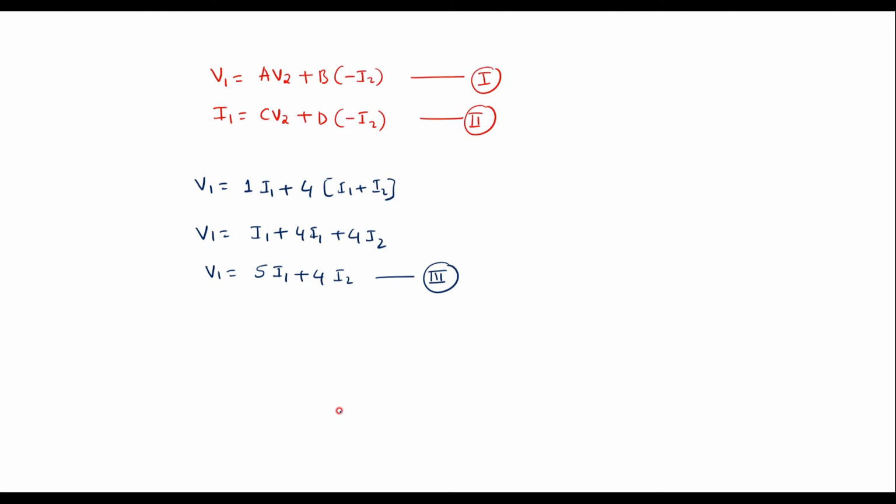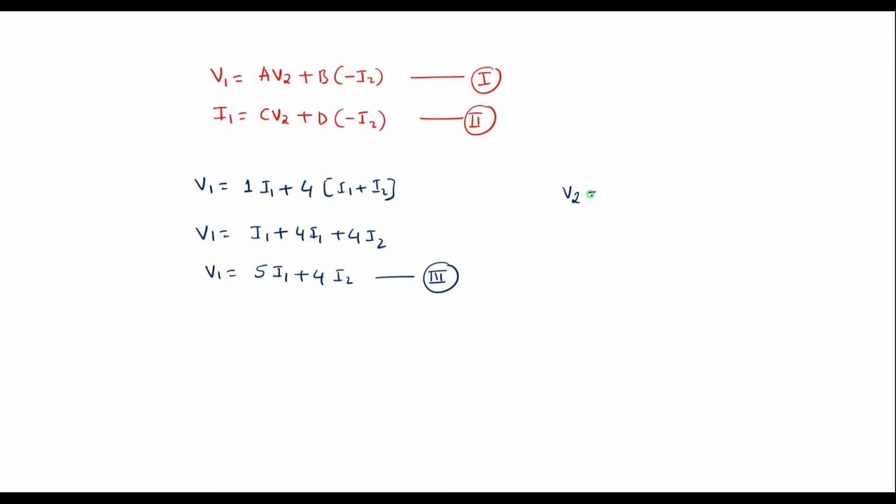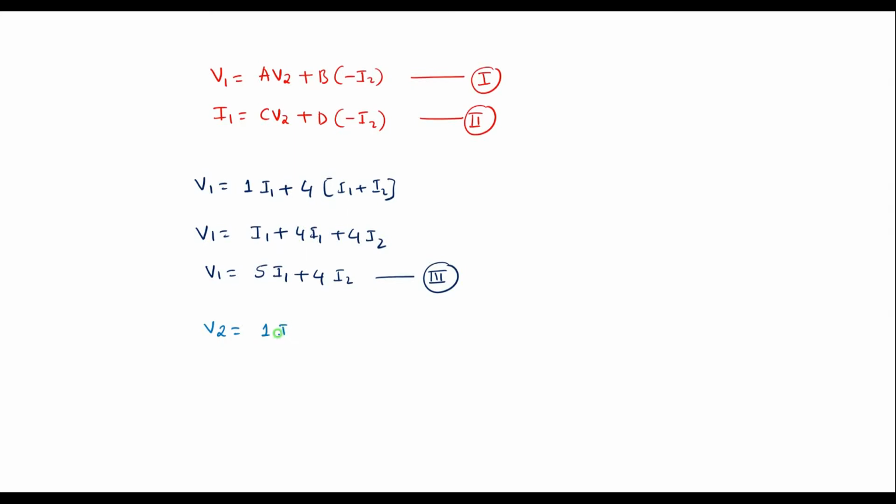Now similarly, let me apply KVL to this loop. V2 is equal to 1 into I2 plus 4 into (I1 plus I2). Simplifying this, V2 is equal to 4 I1 plus 5 I2. We'll call it equation 4.